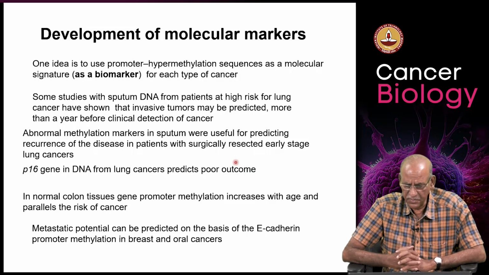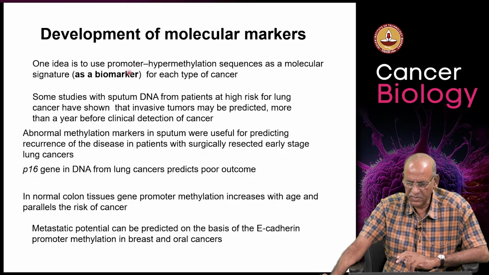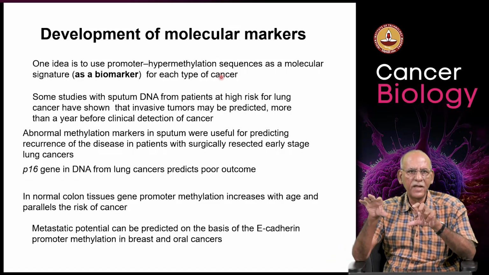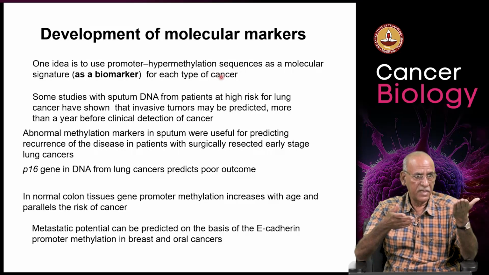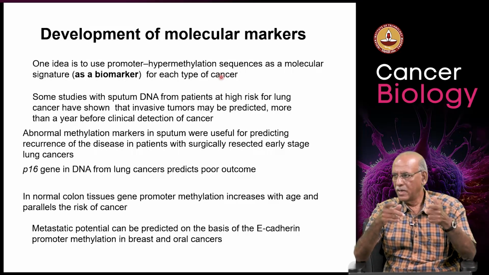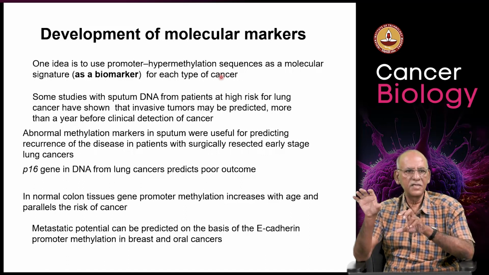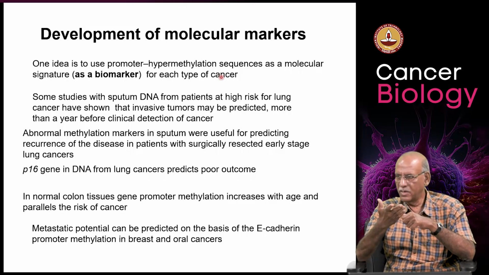One idea is to use the promoter hypermethylation sequences as a biomarker for each type of cancer. What it means is, in each type of cancer there may be certain hypermethylations. I think I have given some examples also, some table in the last class. I mentioned that there are certain genes whose promoters are hypermethylated, BRCA1, all those things.